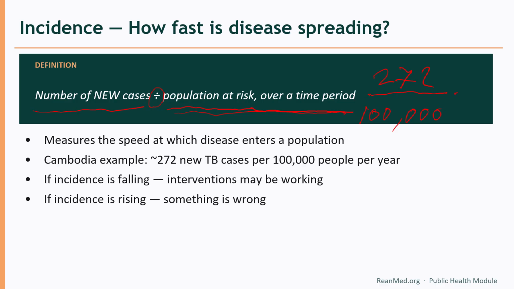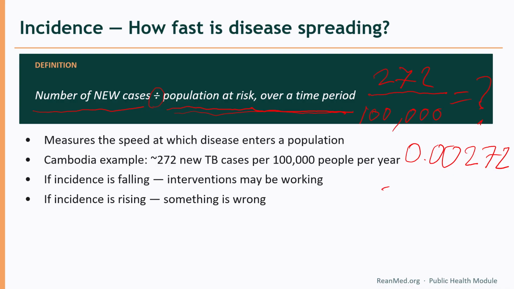And what does that give us? Well, you can pull out your calculator, and I believe that gives us an incidence, a rate of new disease, that is 0.00272.